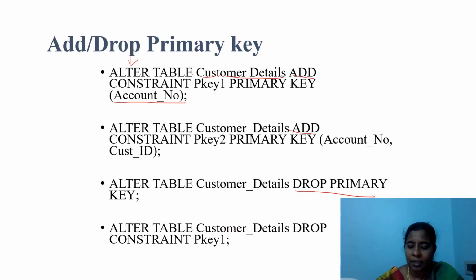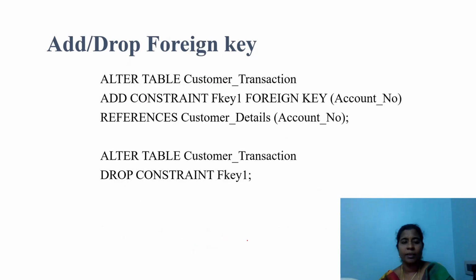And alter table customer details. If I wanted to drop a particular constraint, either I can say drop primary key or I can mention the constraint name. So drop constraint name, and the corresponding constraint will be dropped. Similarly, I can add or drop foreign key.